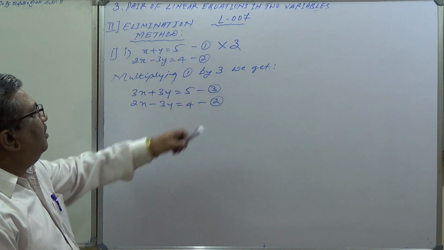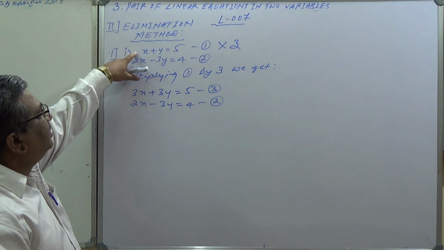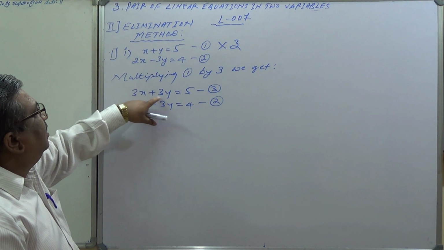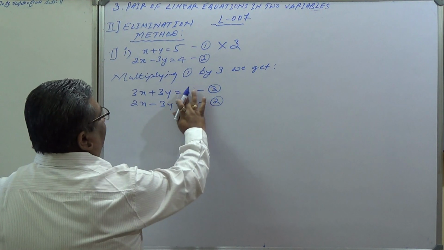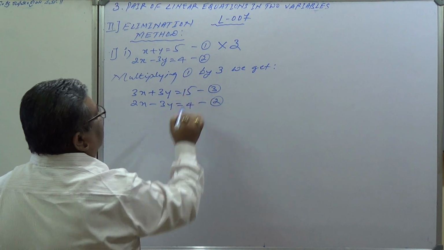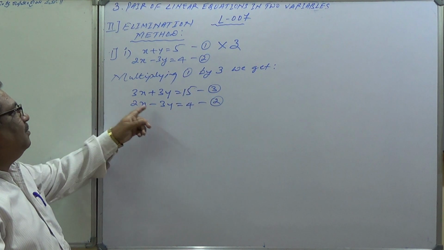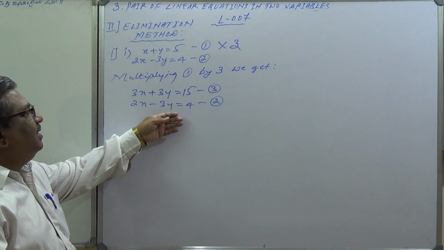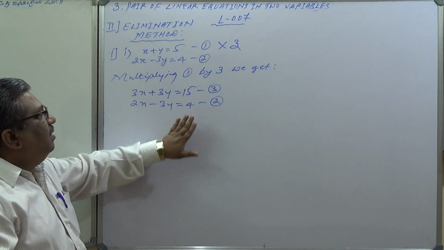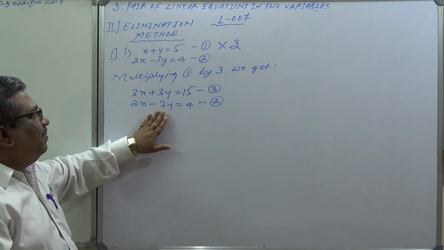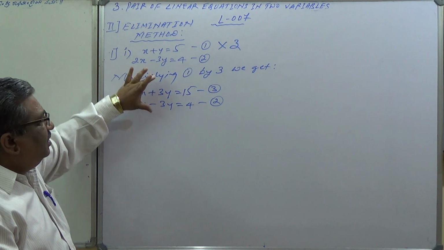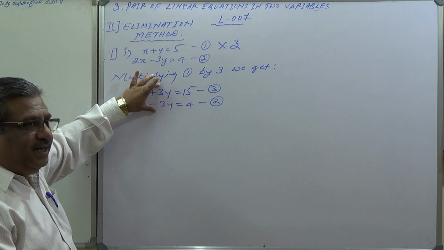Multiplying 1 by 3, we get 3x plus 3y equals 15 here. Just a moment. It is 15. Yeah. 3x plus 3y equals 15. 2x minus 3y is equal to 4. So, thing is here, by simple addition, this 3y will get eliminated.